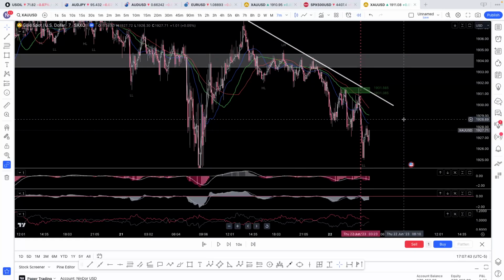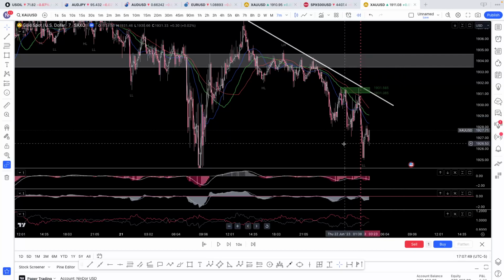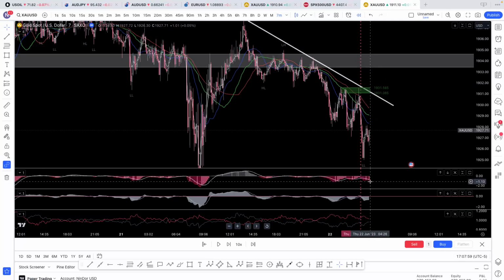All right, and then let's see, identify the MACD, which is my chart one. Right here is my MACD, and I'm looking at the signal line here for both. Is there convergence or divergence?